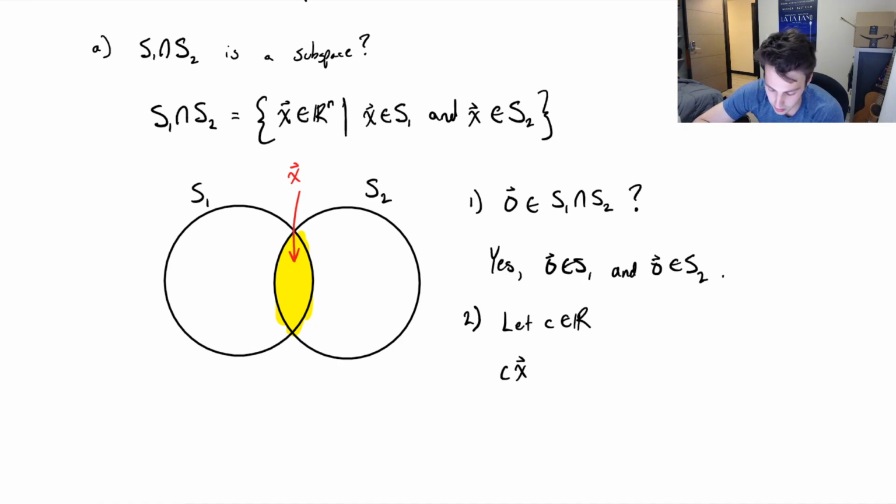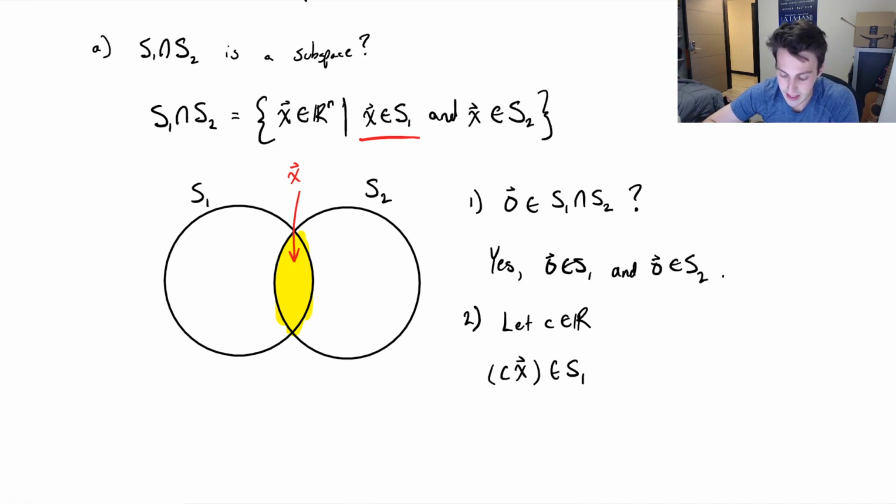Well, we know C times x is going to be an element of S1, because S1 is defined as a subspace. We know that a scalar multiple times x is going to be in S1 since x is in S1 by the definition of our intersection. Right up here it says x is in S1.